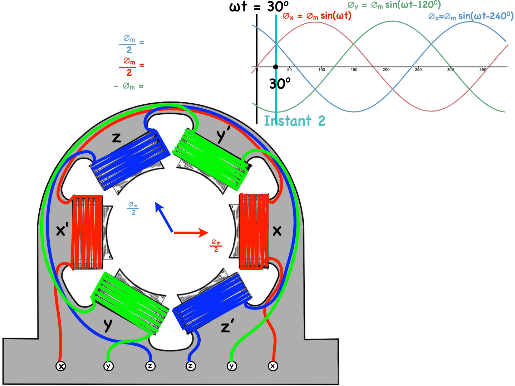The blue flux phasor is also phi m all over 2. And the green flux phasor is phi m, but it is minus, so it will be in the reverse direction. It will be at an angle of 60 degrees with the red flux phasor.